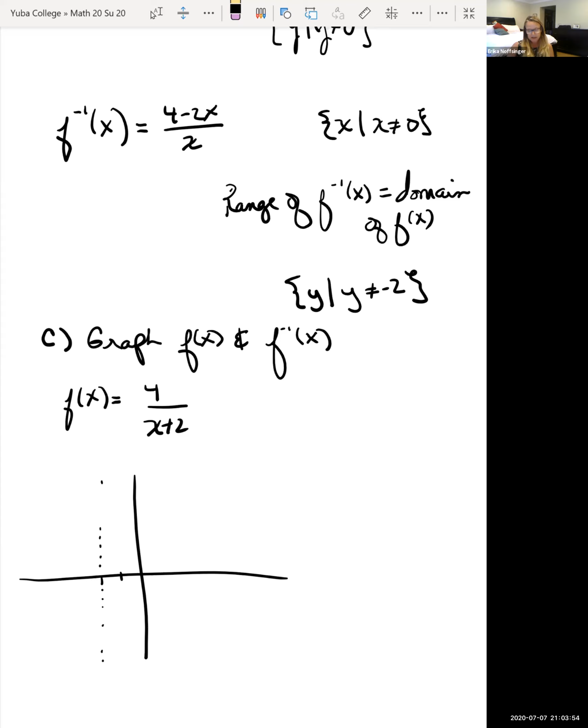My degree of my denominator is larger, so I have a horizontal asymptote at my y-axis. And like we said, it's just stretching it now. And so my piece is going to look like this over here and this over here. And I can get some more points if I wanted to. So let's say I plugged in negative 1 here. I would get 4 over positive 1, which is 4.